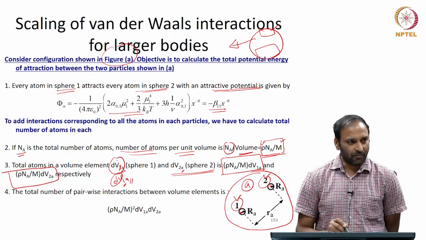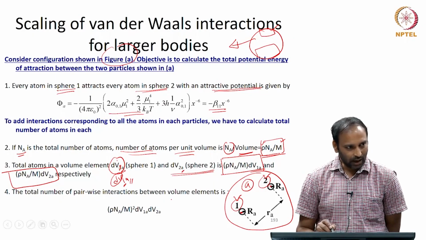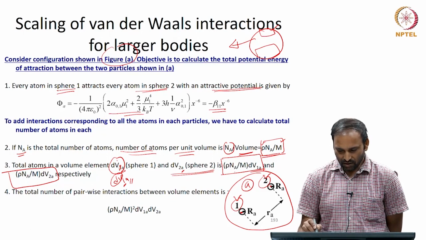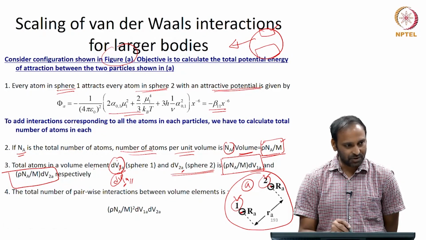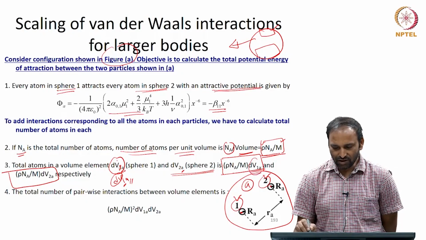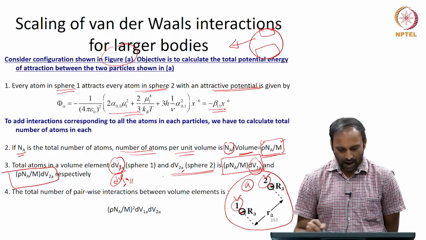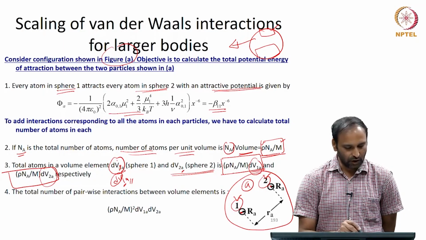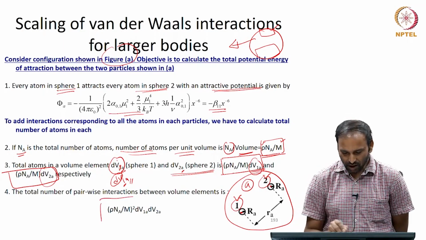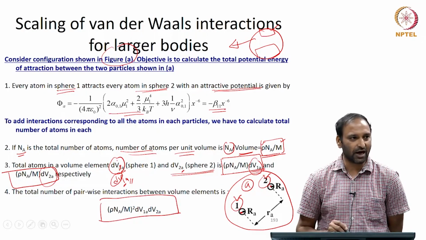The total number of pairwise interactions are essentially the product of the total number of atoms that we have in the differential volume dV1A and in the differential volume dV2A. That is the total number of pairwise interactions.